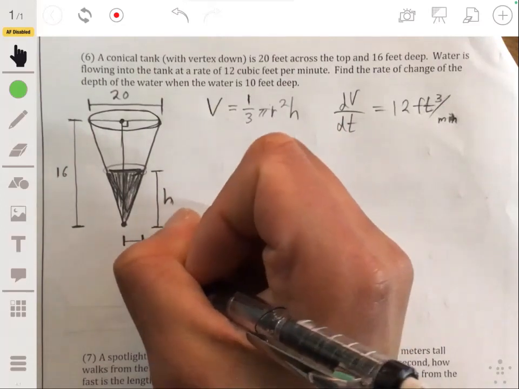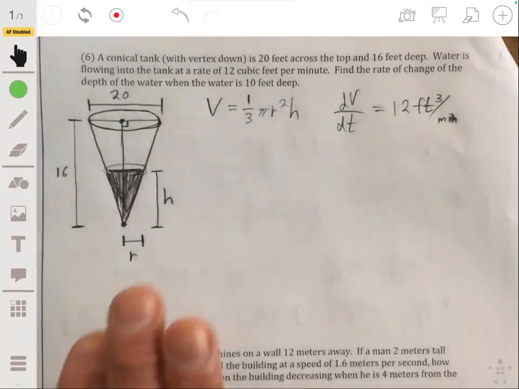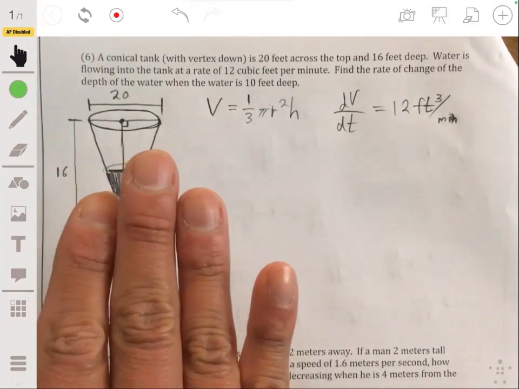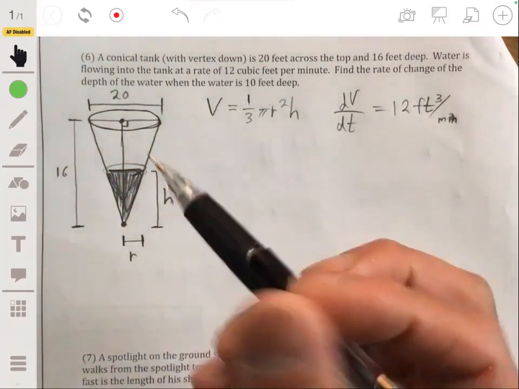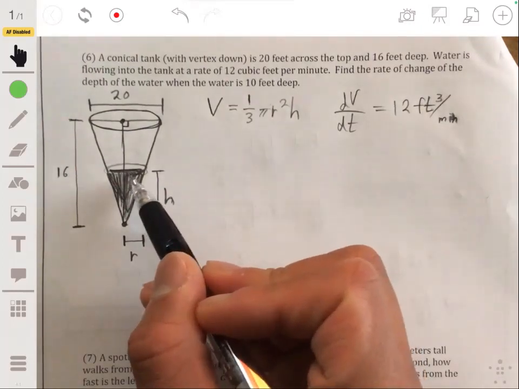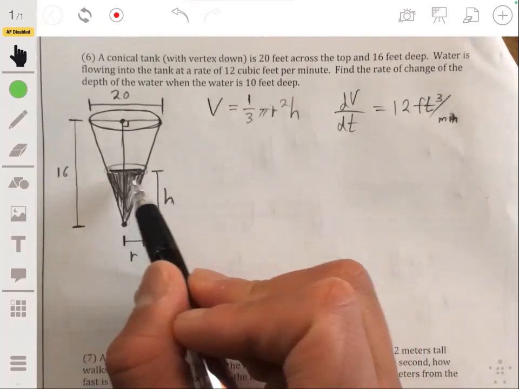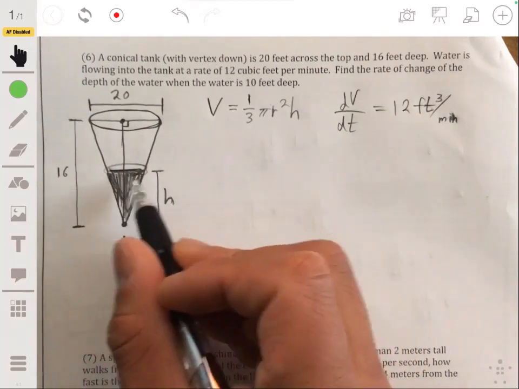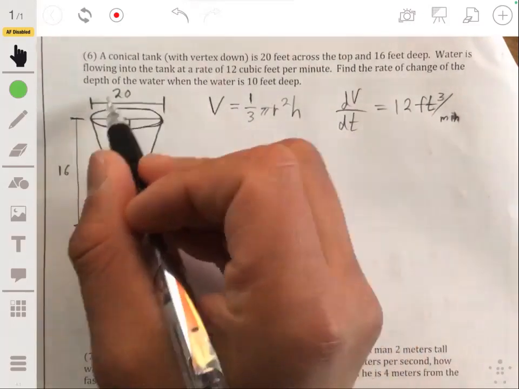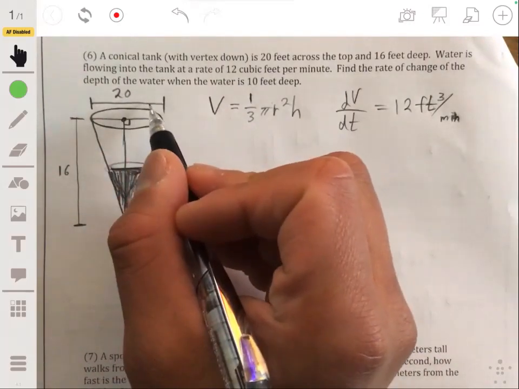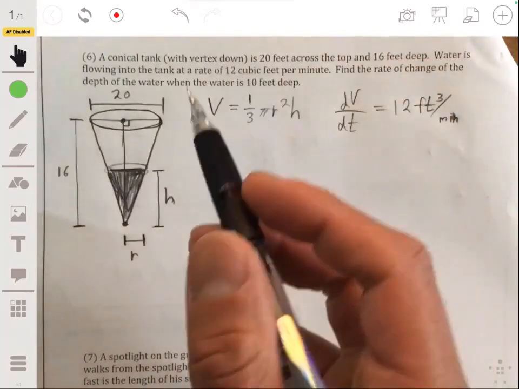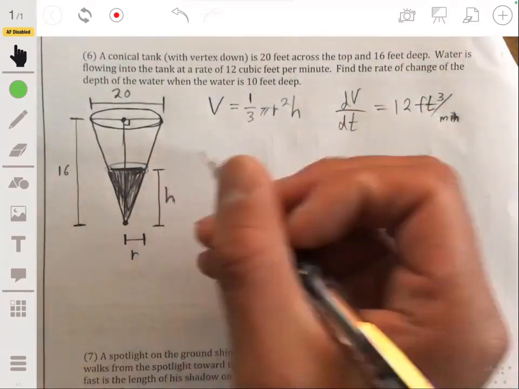So basically the radius of the cone that represents how much is currently filled, because the radius of this cone will be changing. The radius of the entire tank is always going to be 10, but the radius of this cone is going to be increasing as time goes on. Same thing with the height.